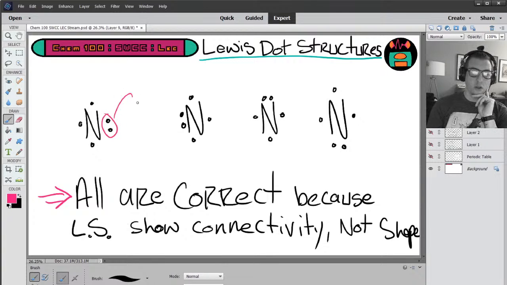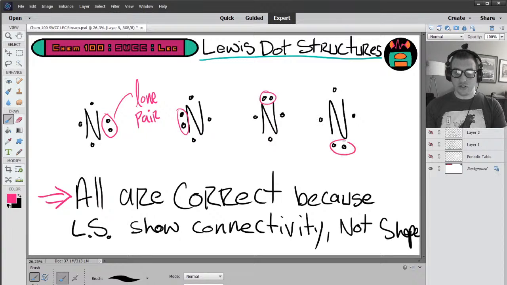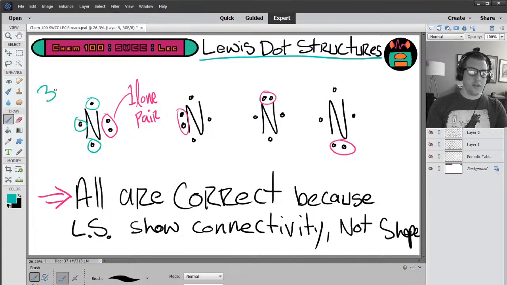this is what we call a lone pair. So as long as nitrogen has one lone pair, which you'll notice each one of these nitrogens has, a set of electrons that are paired together, one lone pair, and three unpaired electrons.